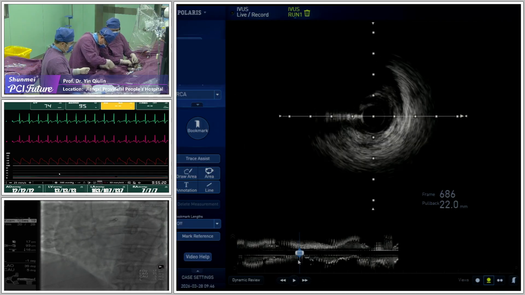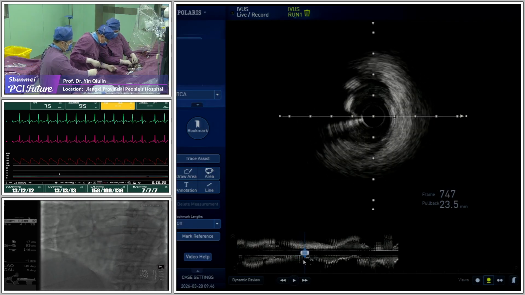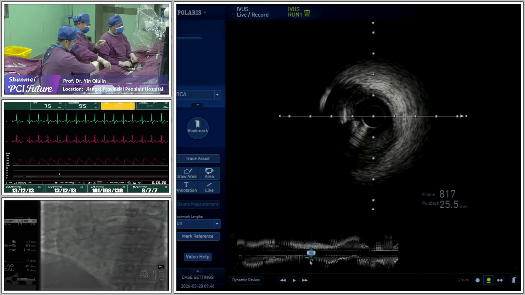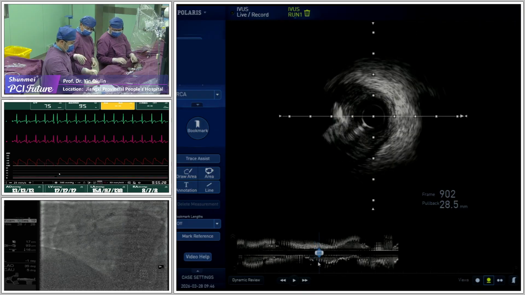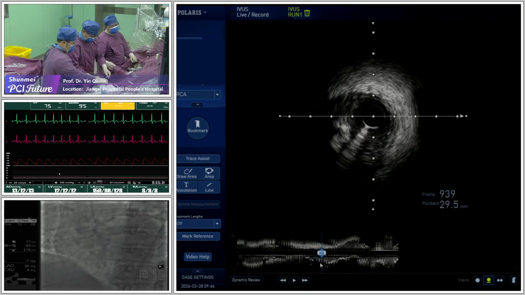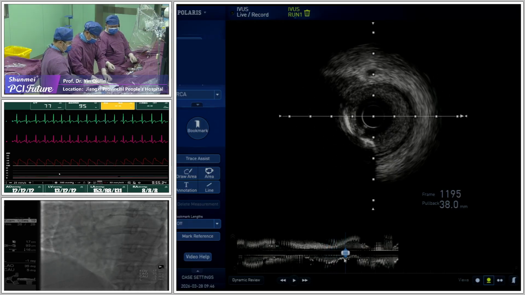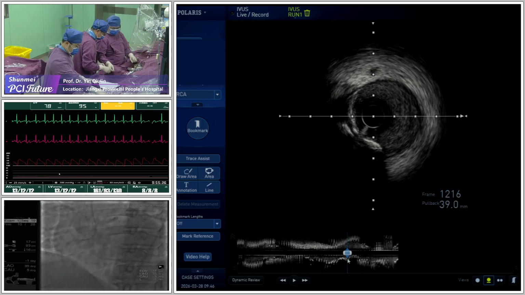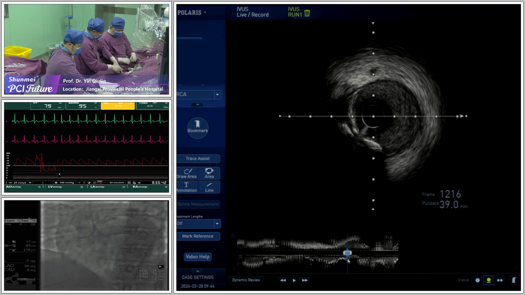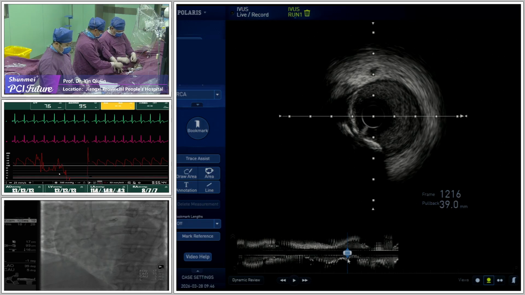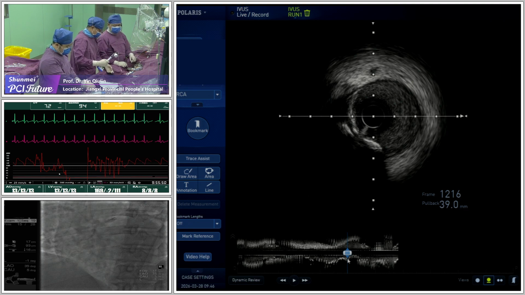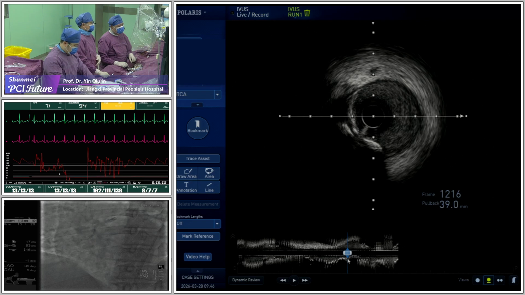But fortunately, I think the retrograde wire goes to the false lumen, and we have just dilated the CTO body with a 2.0 balloon. We have done the reverse CART, so the retrograde wire goes to the subintimal space and finally to the proximal true lumen. So maybe this strategy fails. Maybe we will insert Godzilla. But in this case, the CTO body is too short, maybe 15 millimeter.